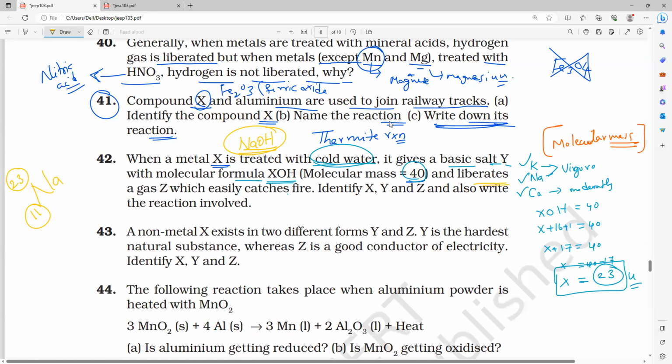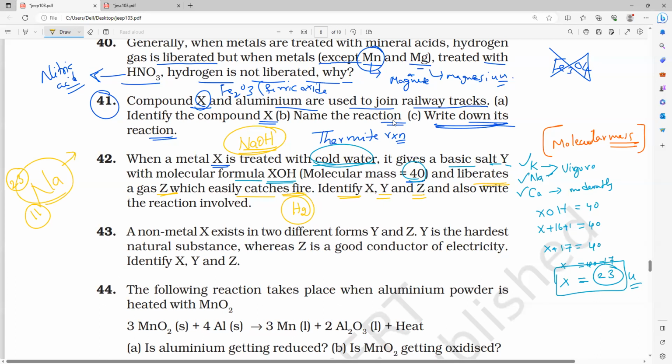And it liberates a gas. What gas will be liberated? Just now we studied. Hydrogen. A jet will easily catch fire, a gas which is combustible in nature. What is that gas? Hydrogen. Identify X, Y, and Z. X I already identified.